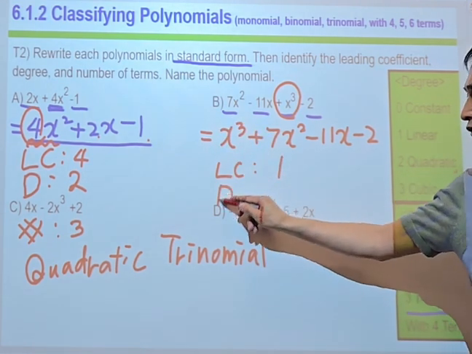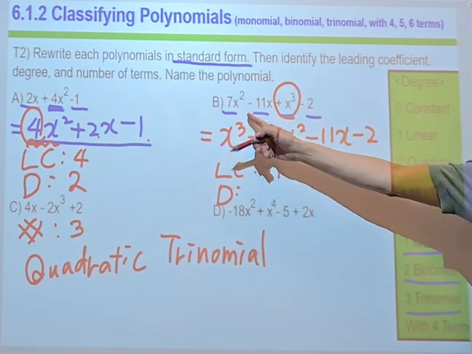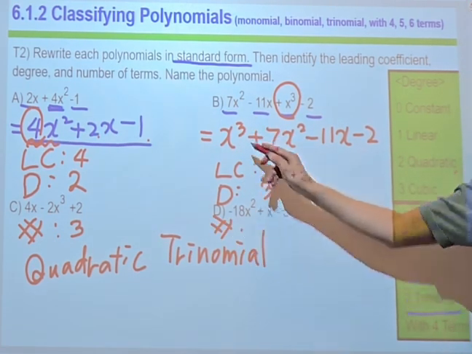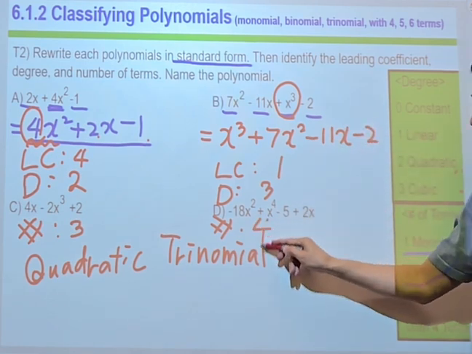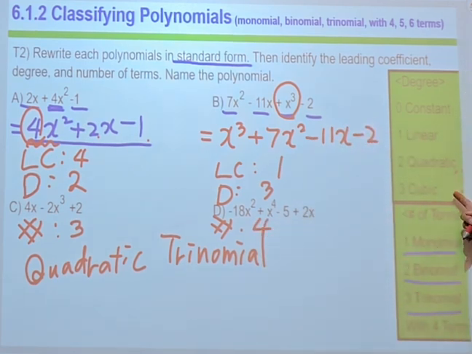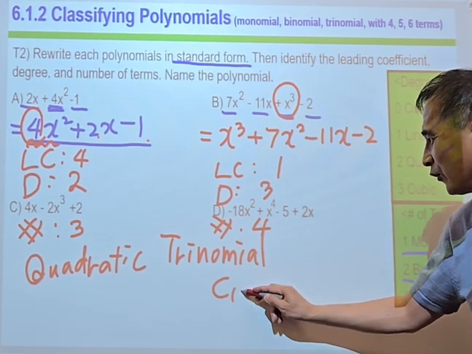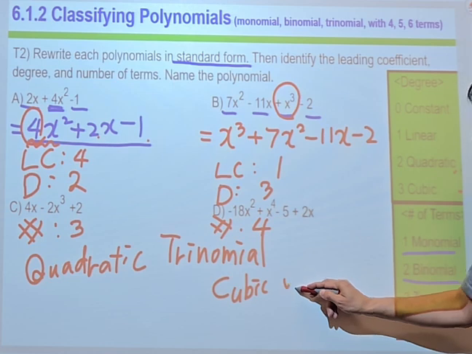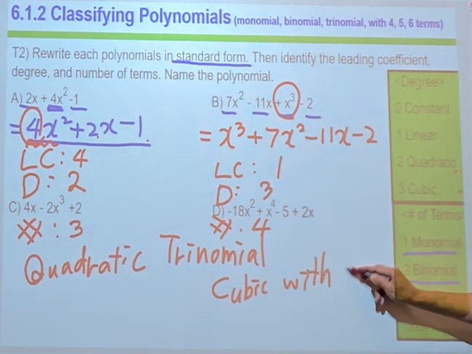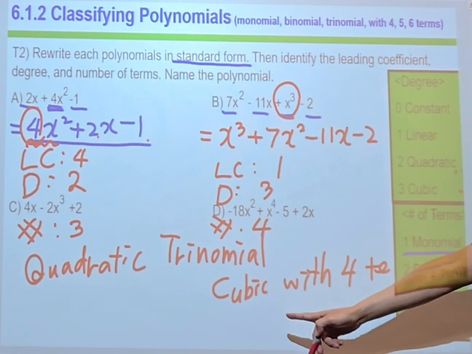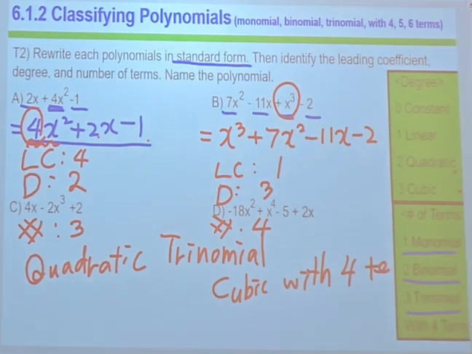And then the biggest degree is 3, right? Degree is 3. And the number of terms, 1, 2, 3, 4, 4. So degree 3, cubic. But there's no special name here, right? So we call it cubic polynomial with 4 terms. Everybody got that? Makes sense, right?